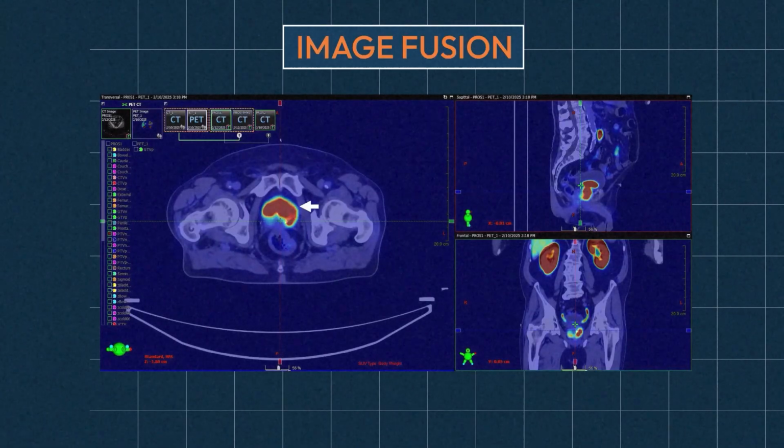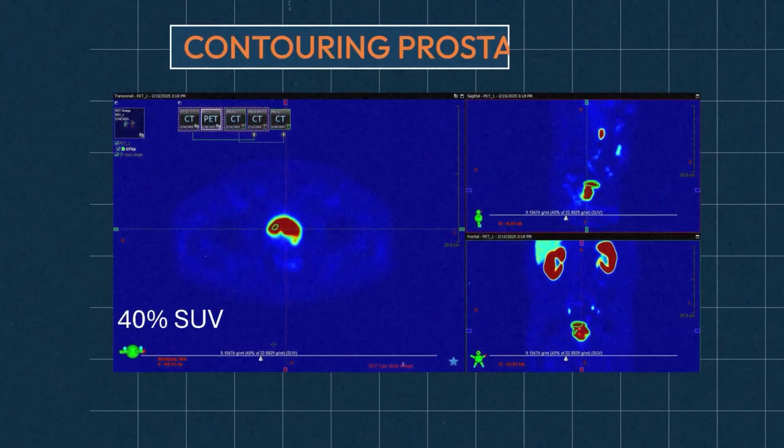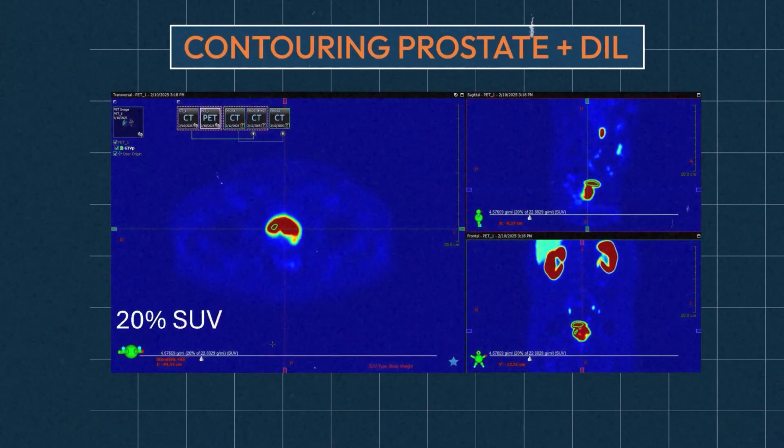So one way to do this is I could window and level this in that 0 to 10 range, and then do a manual contour, or I can use automatic thresholding and delineate the volume based on a percentage of the SUV max within that volume. Here we see the PET signal sort of integrated with the simulation CT, so you can see the two scans blended together.